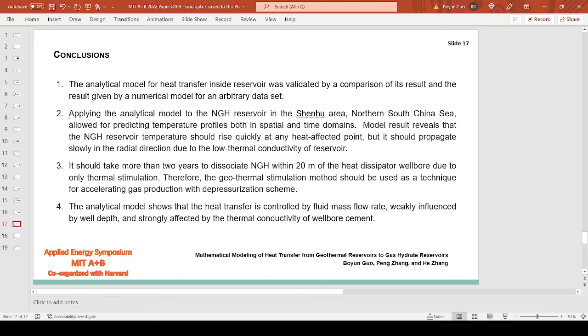Fourth, the analytical model shows that the heat transfer is controlled by fluid mass flow rate, weakly influenced by well depth, and strongly affected by thermal conductivity of wellbore cement.